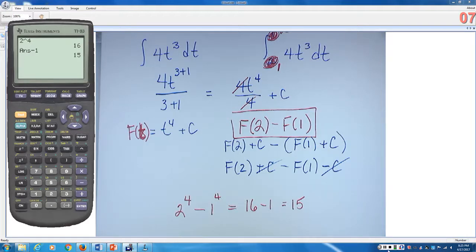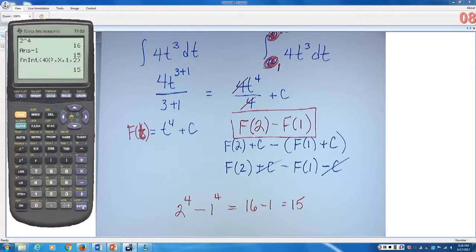Yeah, the calculator is even easier because if you go to your math menu, go find your function integral, plug in your function, you just have to use x, 4x to the 3rd, it actually has a 3rd power on this thing, with respect to x, from x equals 1 to x equals 2, close the parentheses and hit enter, and it says, oh, guess what, it's 15.